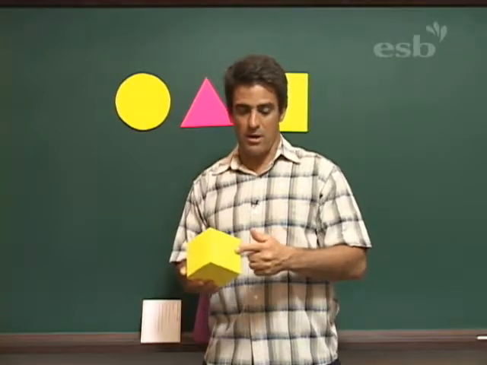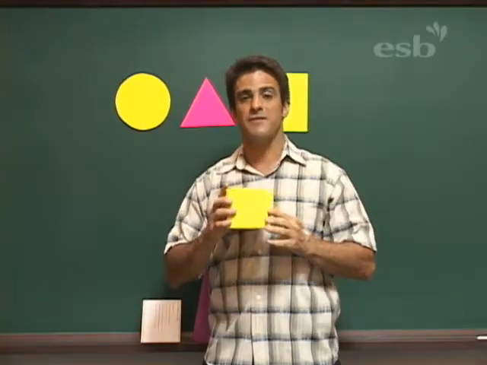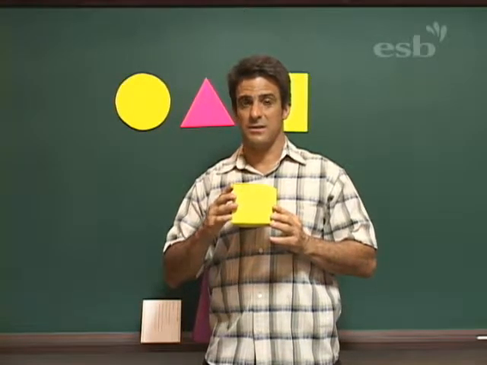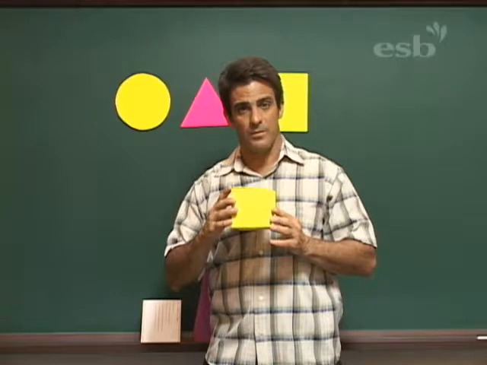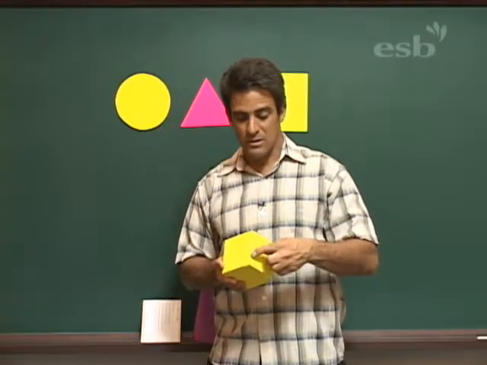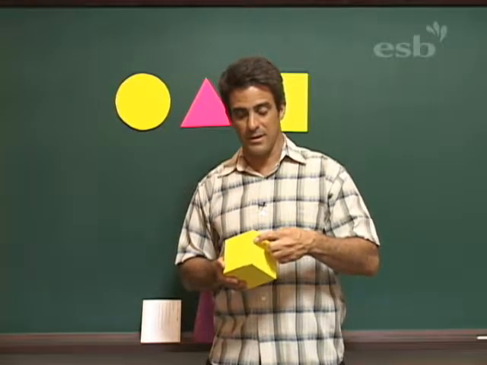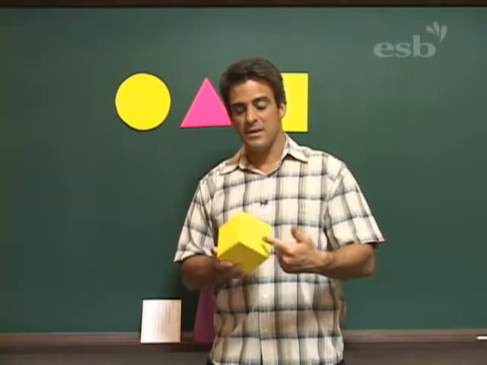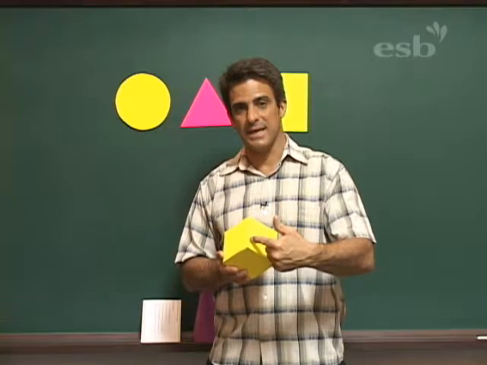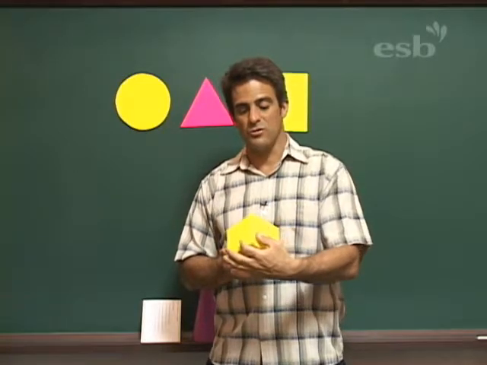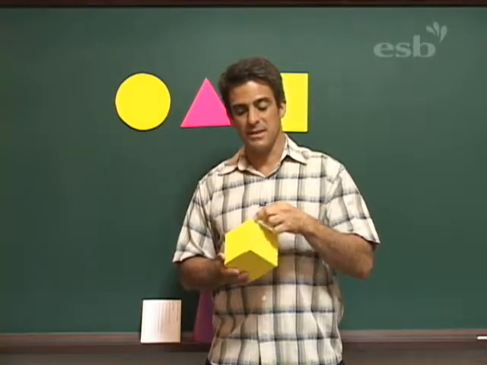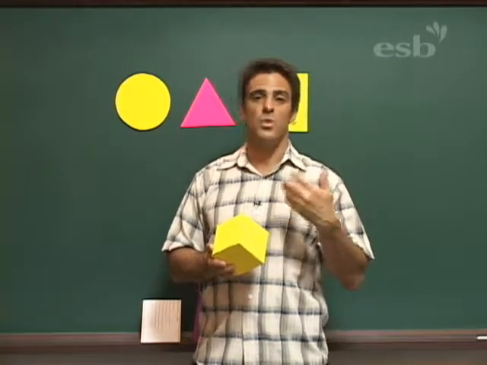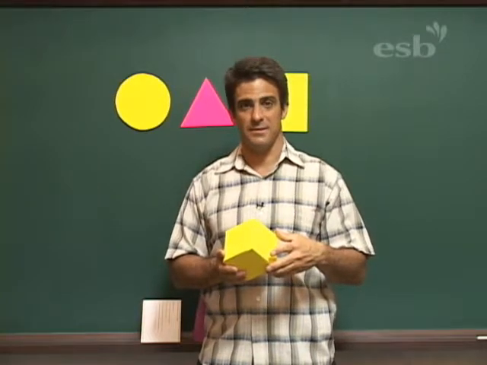Each square on the cube is a face. There are 6 faces in a cube. The edge is right here. This face and this face, they meet right here. 2 faces meet at an edge. The edge is where 2 faces meet.